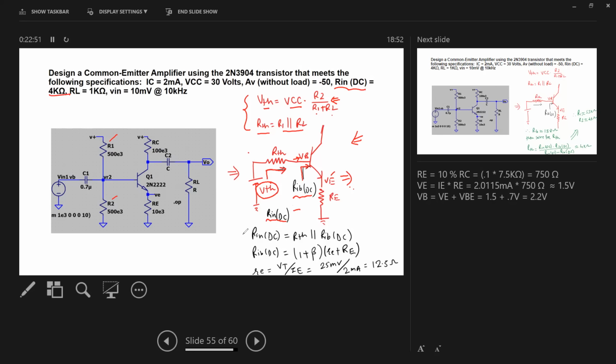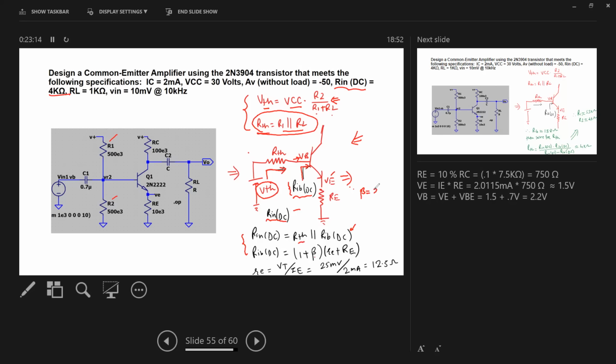And the values of those two resistances are given by this formula. RIN in DC is the parallel combination of Thevenin's equivalent RTH right here in parallel with the resistance RIB. Okay. And then RIB DC is given as 1 plus beta.